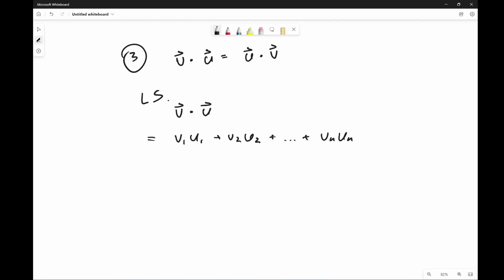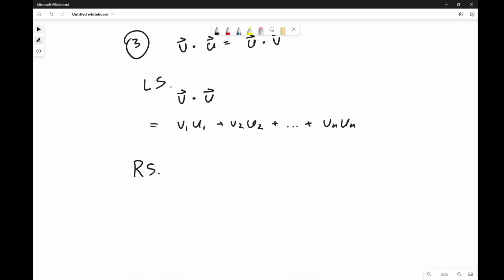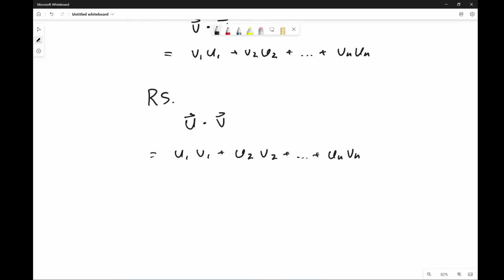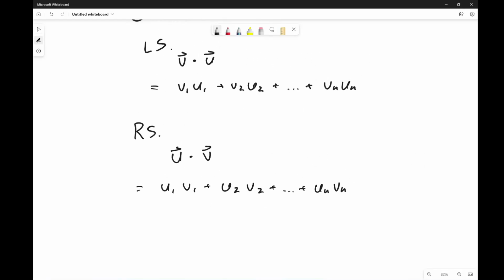And the right side is going to be equal to u dot v, which is just equal to u1 v1 plus u2 v2 all the way up to un vn. And we know that regular multiplication, since these are real numbers, is going to be commutative.